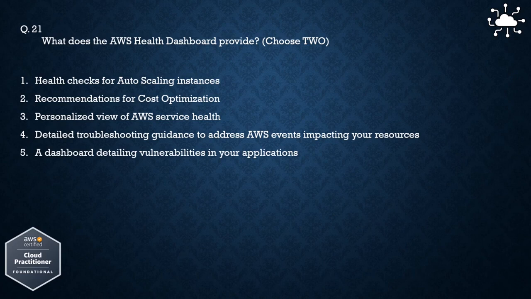Detailed troubleshooting guidance to address AWS events impacting your resources. 5. A dashboard detailing vulnerabilities in your applications. The correct answer is personalized view of AWS service health and detailed troubleshooting guidance to address AWS events impacting your resources.